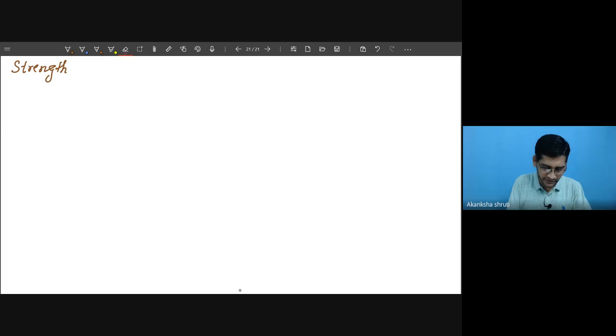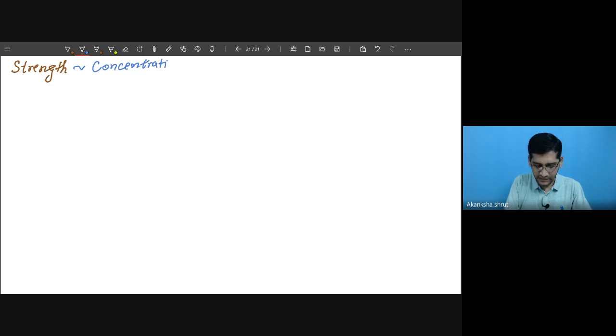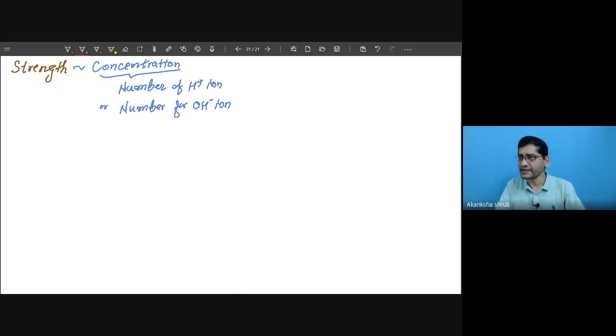If the term strength is given, you can consider this synonymous with concentration. Concentration is what? Concentration simply means it is a number. So it is the number of H plus ions for acid, or this may be considered as the number of OH minus ions. Now for comparing the number, how much total number is there?